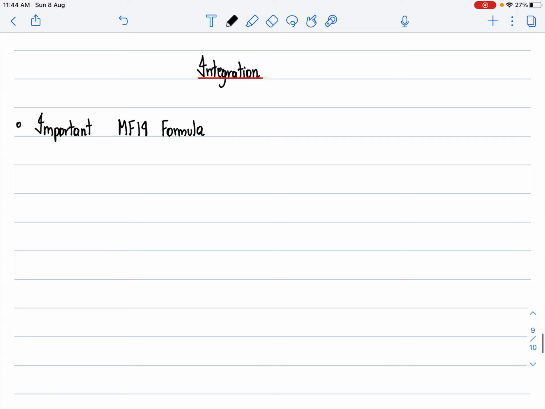So basically, if I have the integration of something like 1 over x square plus a square dx, how do I integrate something like this? The integration is basically 1 over a tan inverse of x over a.